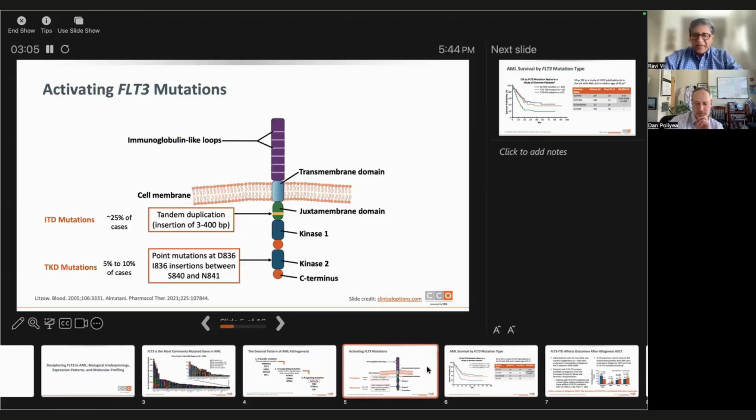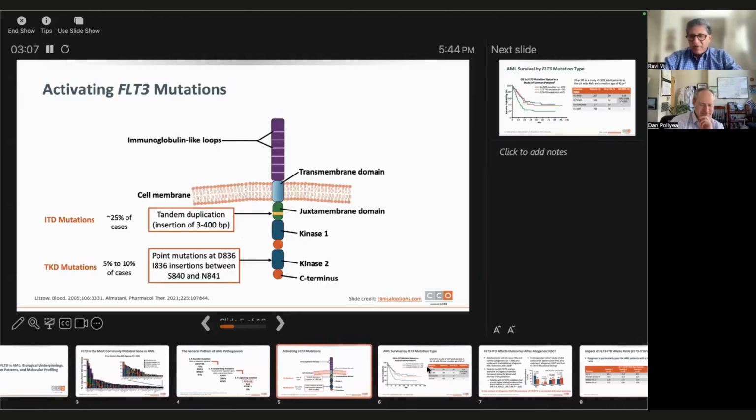You sort of hinted at the two different kinds of abnormalities we can find in the FLT3 receptor. Could you give us an idea of how common they are and what the implications may be? Yeah, the more common is the FLT3-ITD, and that can occur in the juxtamembrane domain. There's an insertion that can be upwards of many dozens of additional base pairs, and that accounts for the majority of the FLT3 mutations.